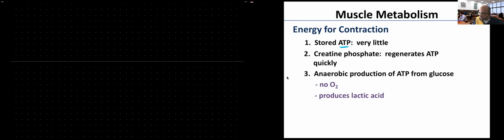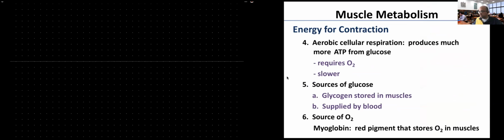This is the easiest and simplest form of energy, but you have very, very limited amounts of ATP stores in your muscles. So the stored ATP is very little, it's only going to last for a few seconds. So when I run a sprint, the first 6 seconds, for example, I'm consuming the stored ATP inside the muscle cells.